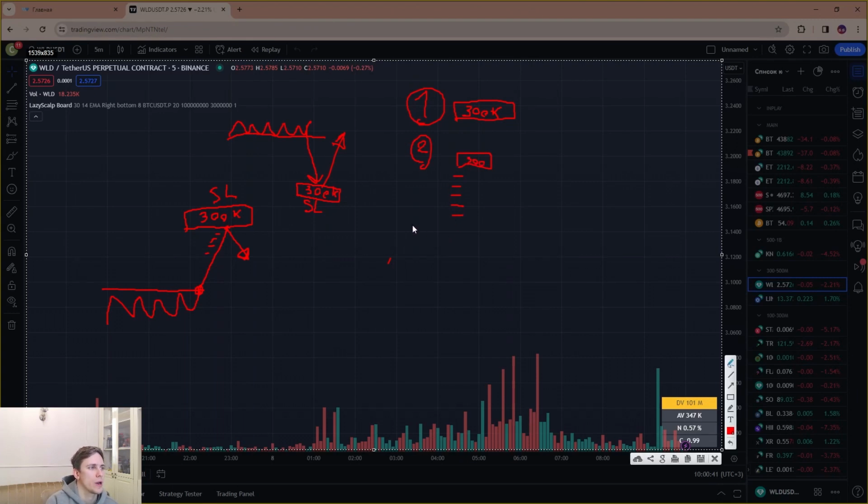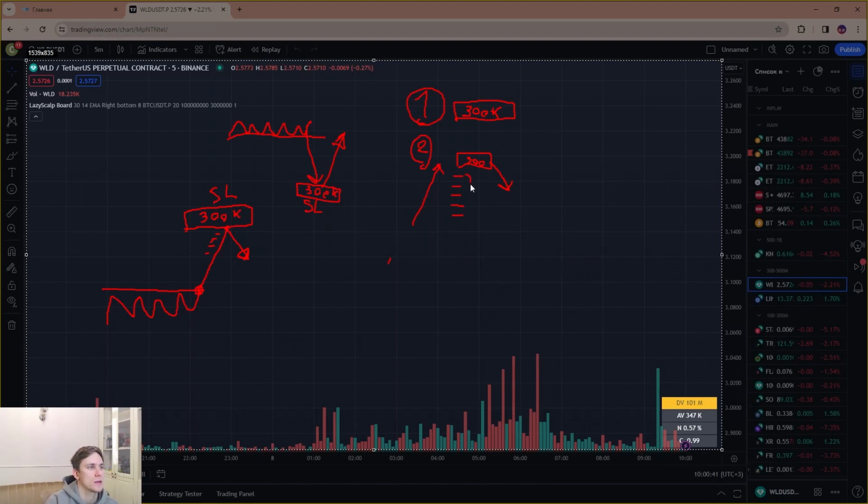For example, we are expecting the approach for the short pullback, and we place several limit orders in front of this size, spreading the orders over a distance of no more than 0.5% from it, as sometimes price hits the size, sometimes it reverses earlier.